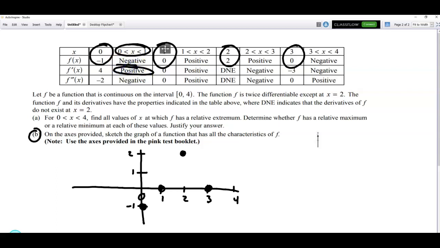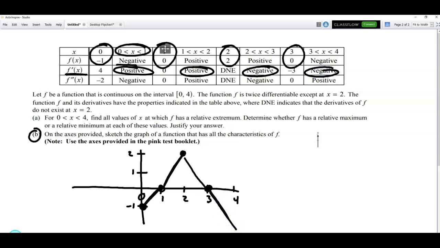When you're looking at slopes, we look at the f prime row. So between 0 and 1, we have a positive slope. So I'm just going to draw a line that connects those with a positive slope. Between 0 and 2, we have another positive slope. And then between 2 and 3, we have a negative slope, it says. And then between 3 and 4, we have a negative slope.